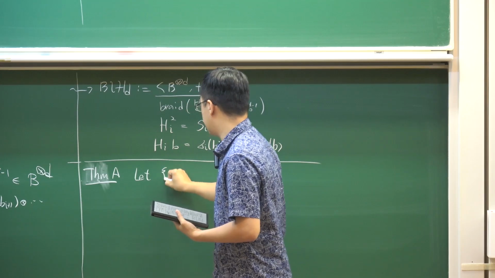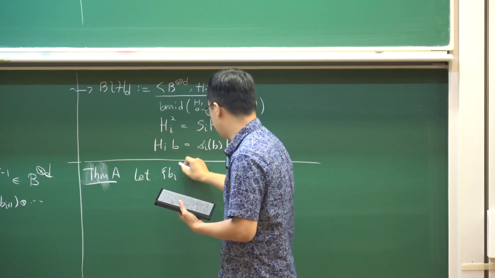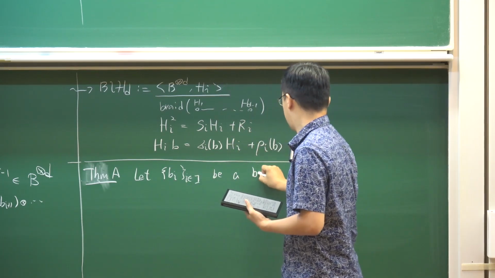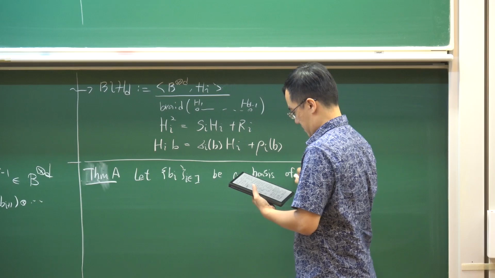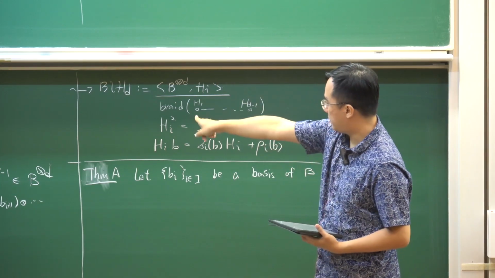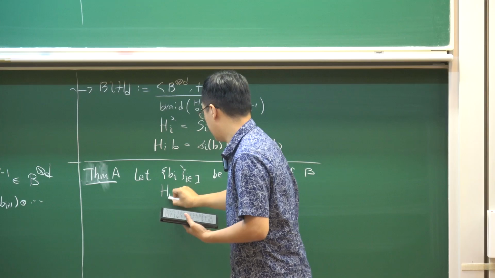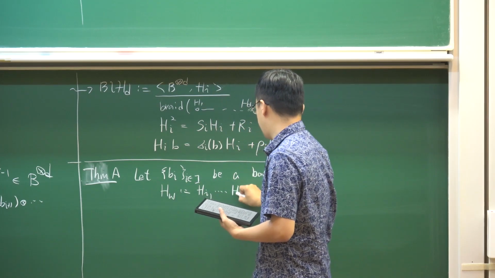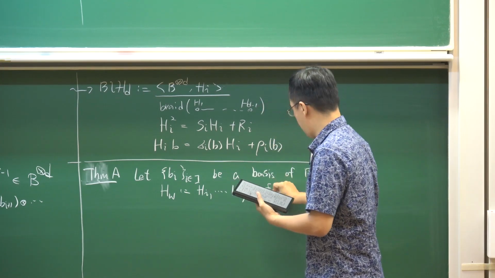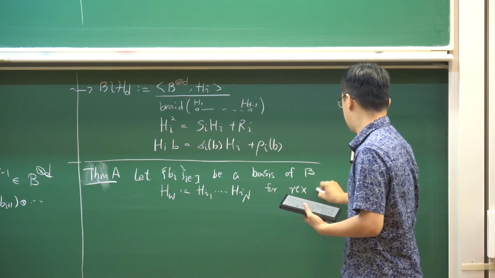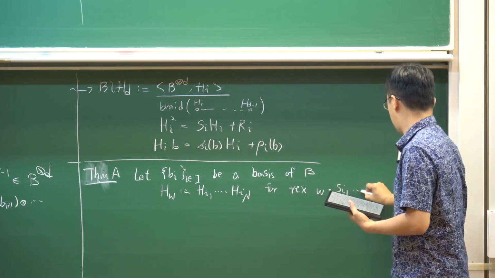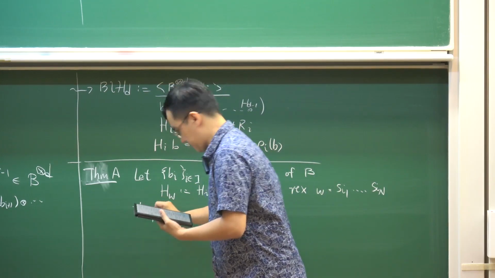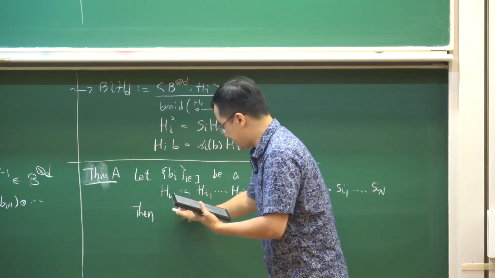Say, if you first pick a basis of your base algebra, and then since the braid relation holds here, you can define H_W using any reduced expression. Then what we're looking for is a basis of this form.